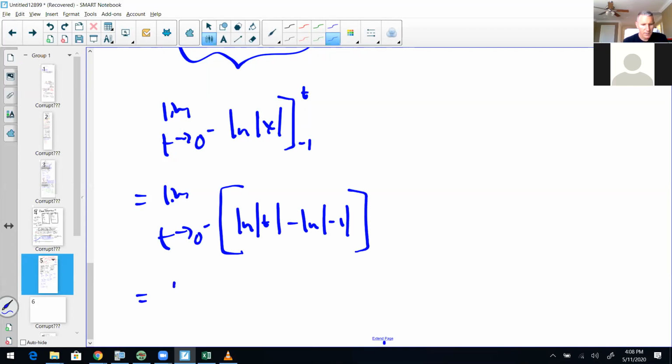Well, actually, we could just plug it in at this point, right? This guy ends up being 0, because the absolute value of -1 is just 1, and ln of 1 is 0.